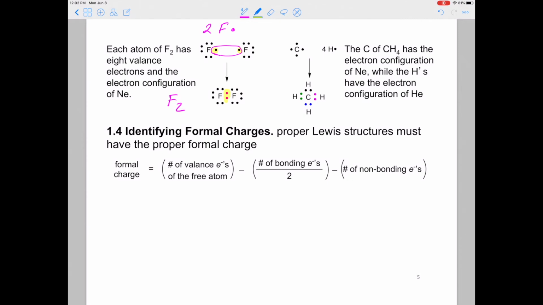And what you can see here is that each fluorine now is in possession of 8 valence electrons: 3 pairs of electrons each fluorine atom has for itself, and it's going to share a pair of electrons. So each fluorine atom now has the electronic configuration of the noble gas neon, and its valence shell is filled.